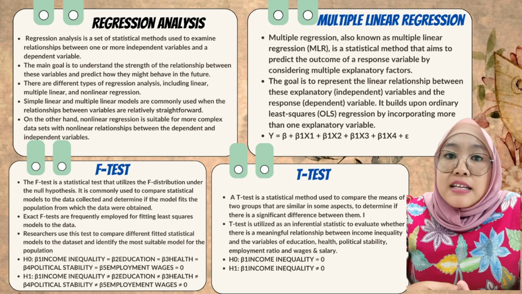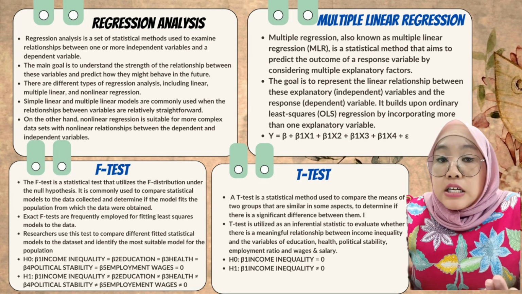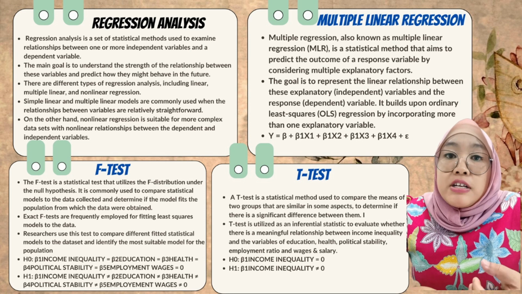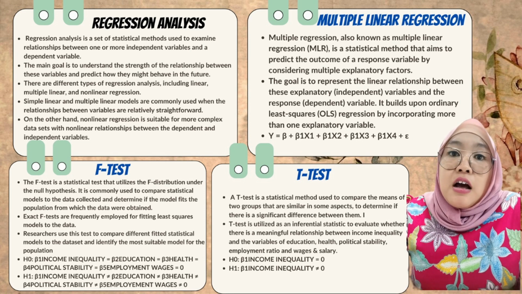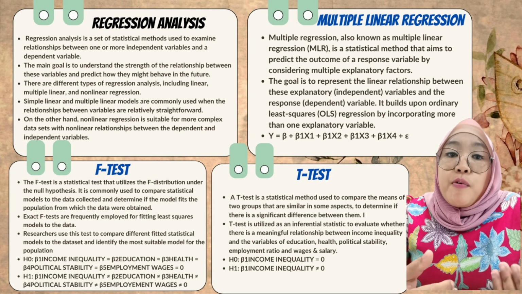The hypothesis testing involves evaluating the population based on the assumption that the coefficient B1 for reducing income inequality is equal to 0. The alternative hypothesis, H1, proposes that the coefficient is not equal to 0.